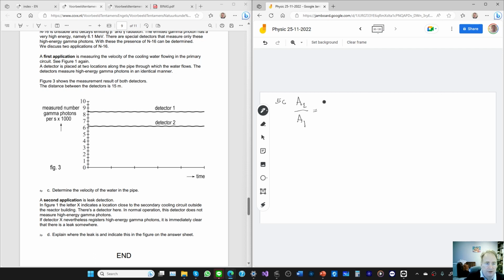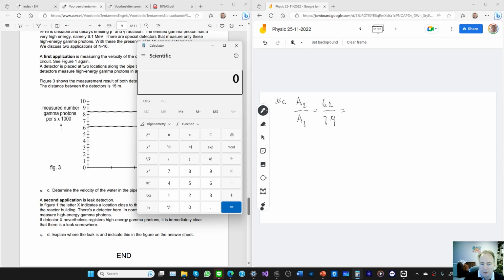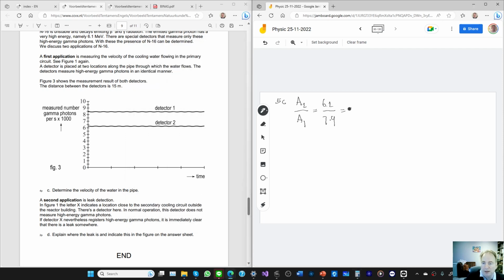That is 6.2 and about 7.9. I don't need the 1000 here because they will be in both and they will drop. So this is 0.78. That's the ratio.